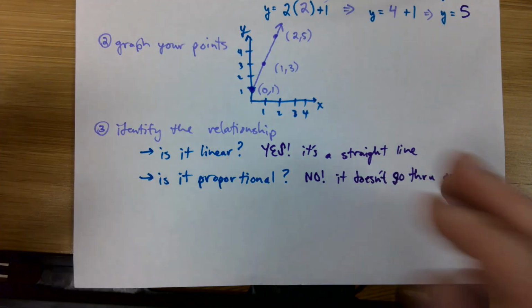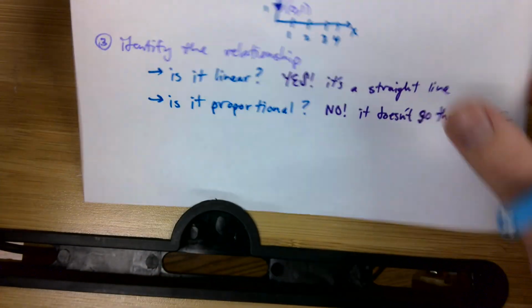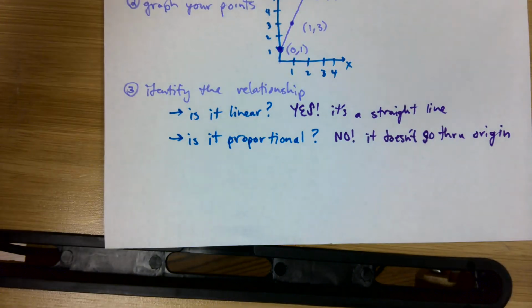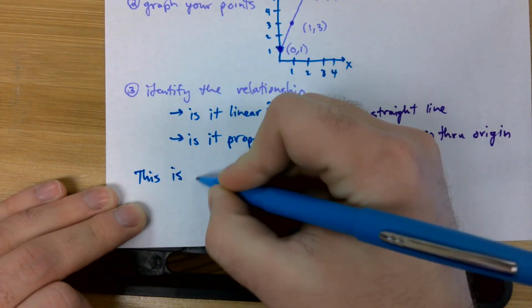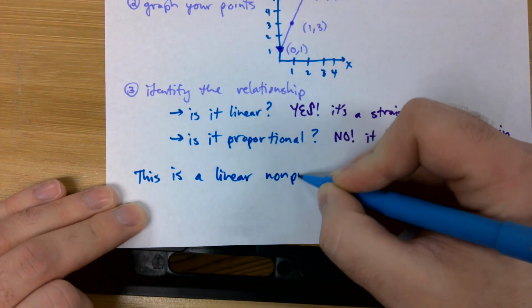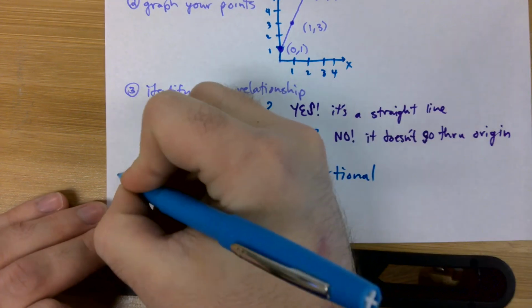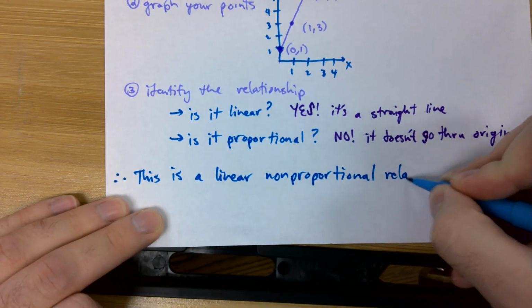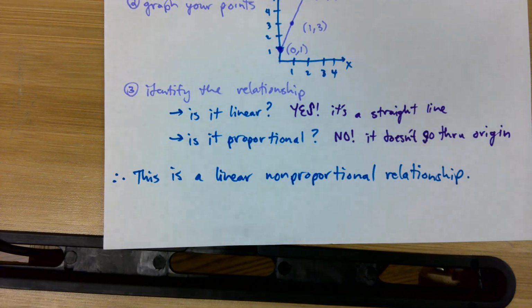So what we have here, we can describe as a linear, non-proportional relationship.